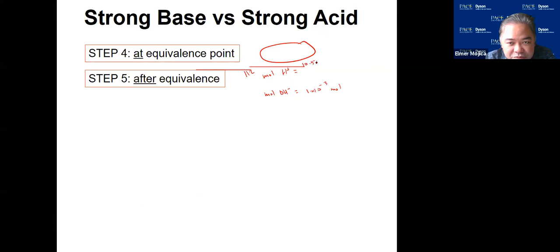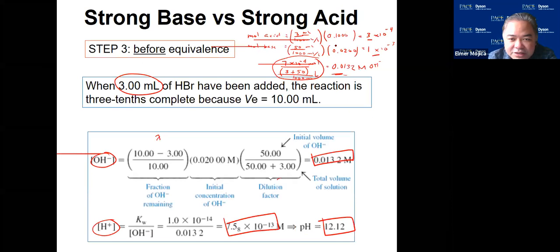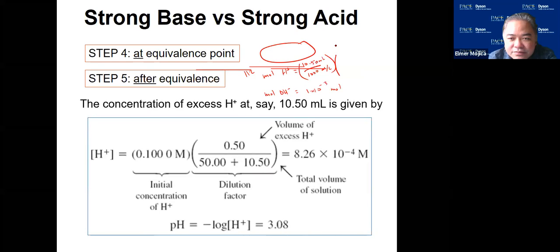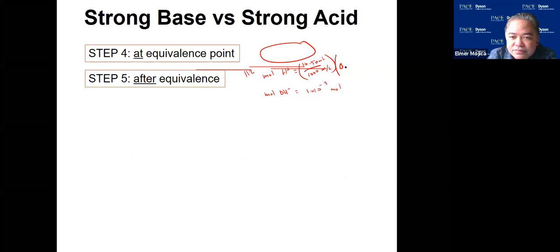So you have there 10.5 over 1,000, so ml per liter, and then you multiply it with its corresponding molarity, which is 0.1. So this is just equals to what? 10.50 divided by 1,000 times 0.1. So that's 1.05 times 10 to the negative 3.